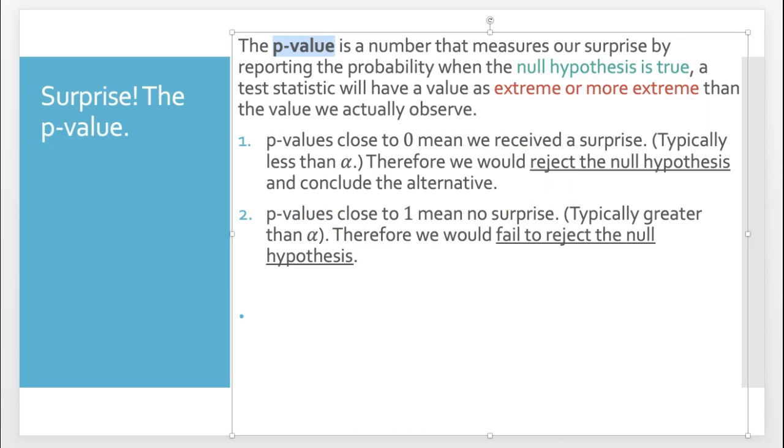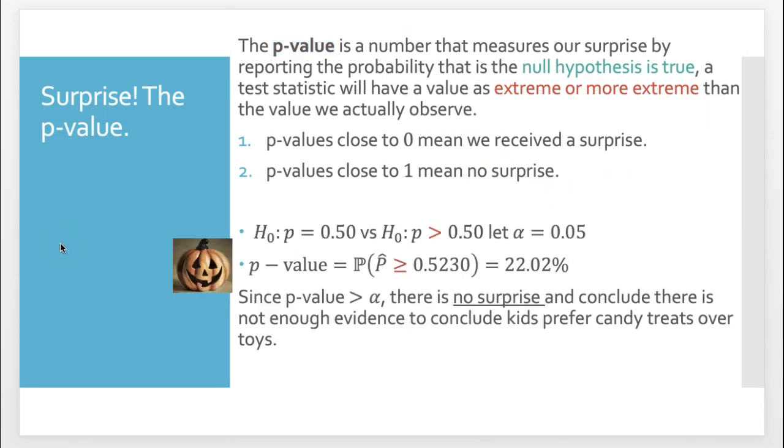So just to bring things home, I want to find the p-value for this example. Because it says here the test statistic value as extreme or more extreme than the value we actually observed.